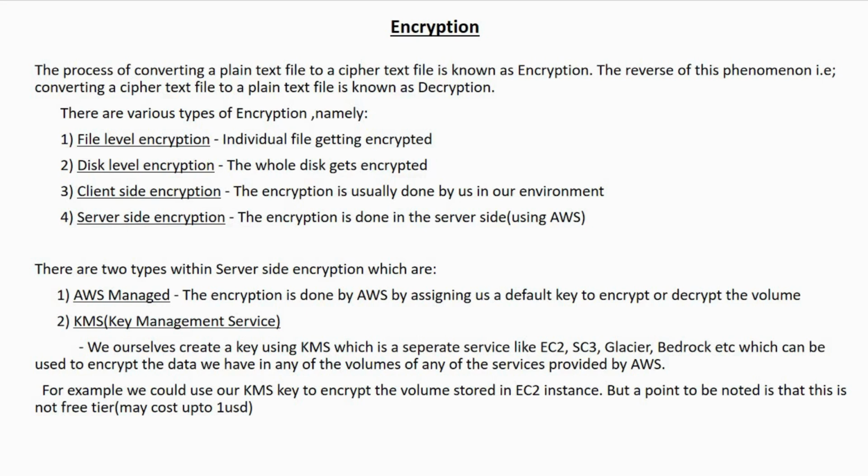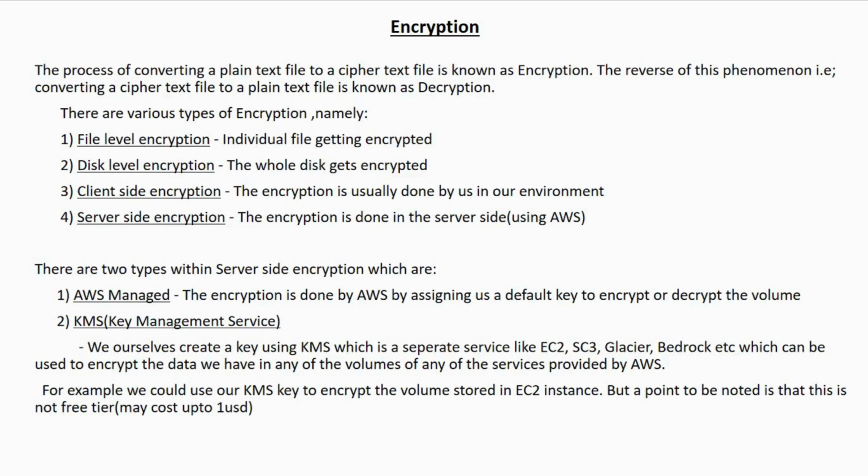For example, we could use our KMS key to encrypt the volume stored in an EC2 instance. Or let's say I have a volume in S3. I don't have that much knowledge of S3, Glacier and all, but I know it's used for storage. So we could use this KMS to encrypt the volumes in S3 or Glacier.